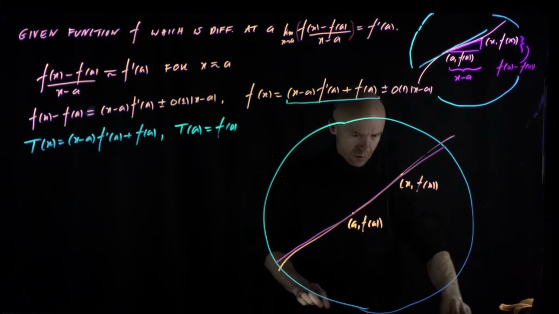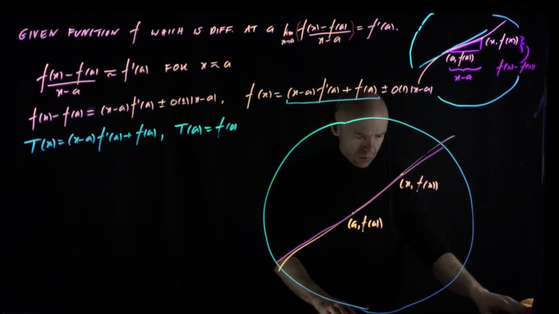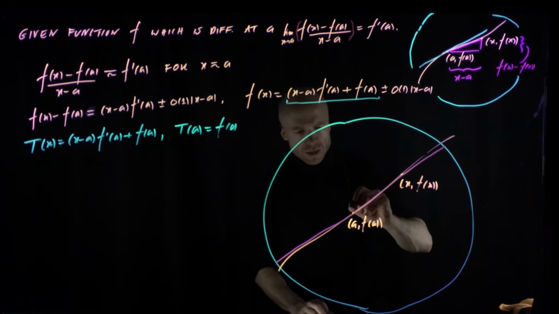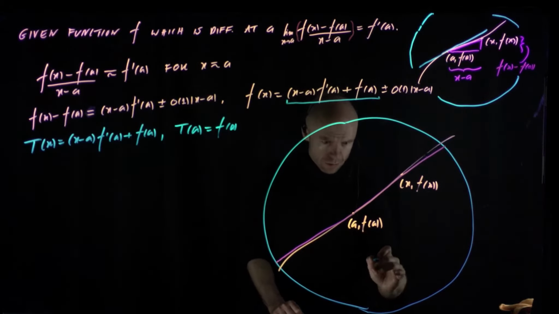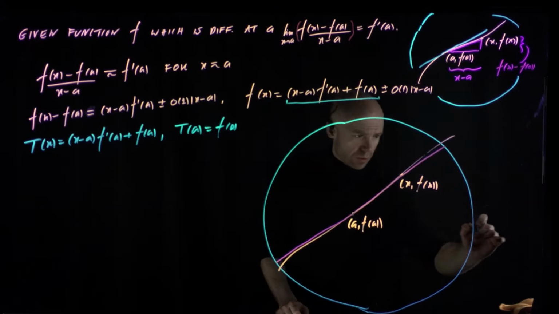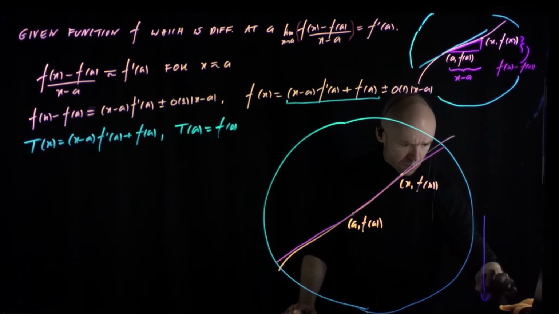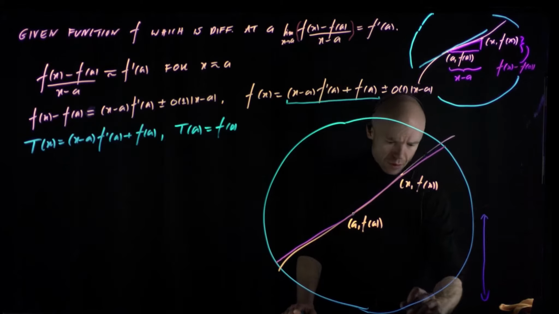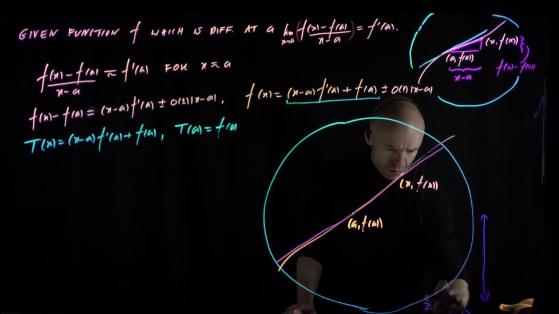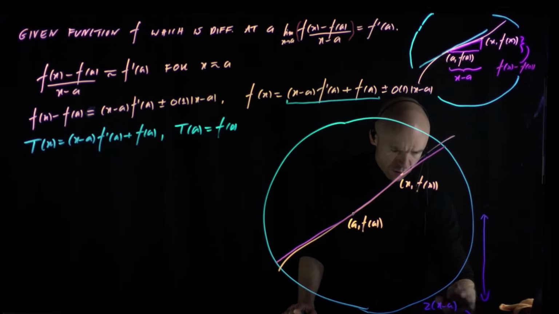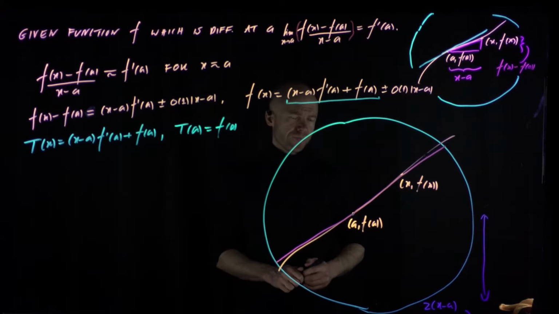And let's remind ourselves that the radius of this thing is of order 2 times x minus a. Yeah?